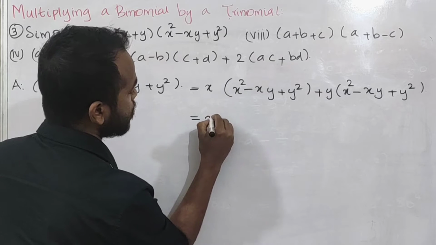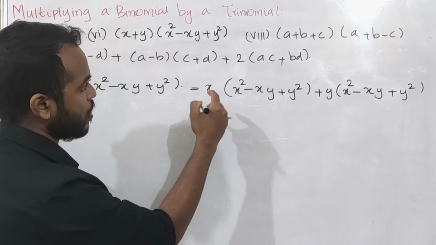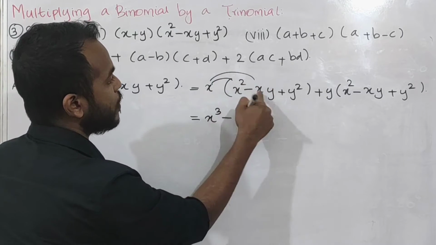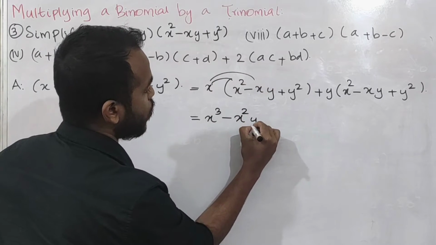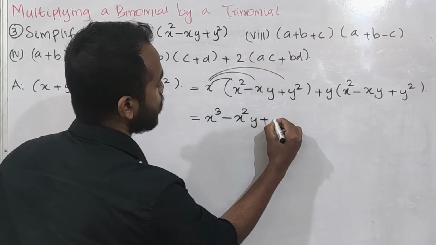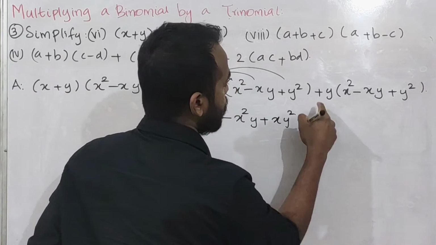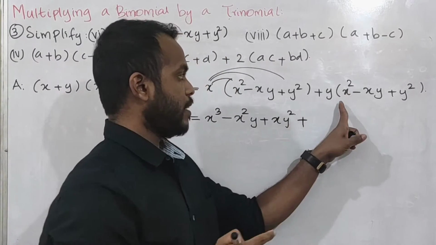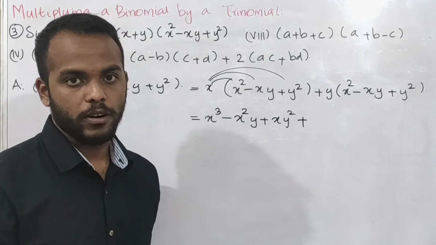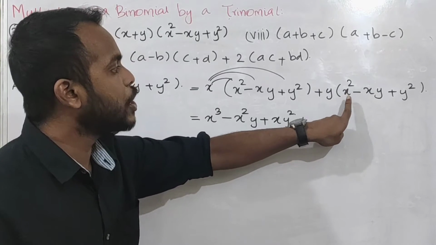x into x is x cube, minus y, there is a negative symbol. Then go for the next term, x into xy is x square y. Then we have a plus symbol, x into y square is xy square. Now plus y into x square. It's better to write in alphabetical order so that we will understand whether that is a like term. So here is y into x square.